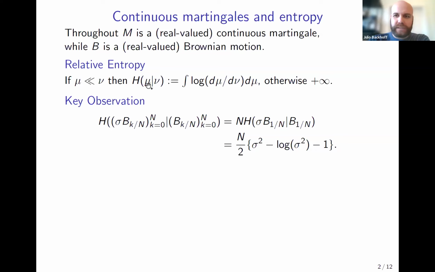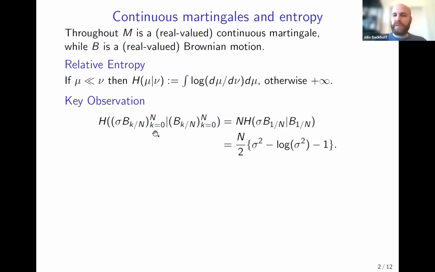So using that notation, I want to compute the relative entropy between the law of this random vector, which in each coordinate is sigma, a constant real number, times Brownian motion at a time of the form k over n. So that's the first random vector, and the other random vector is the same thing, but I am not multiplying the coordinates by the constant sigma.